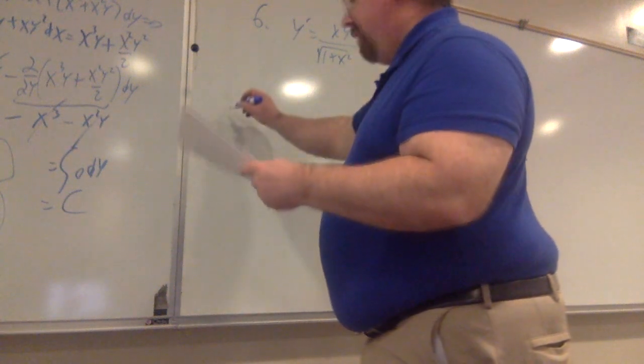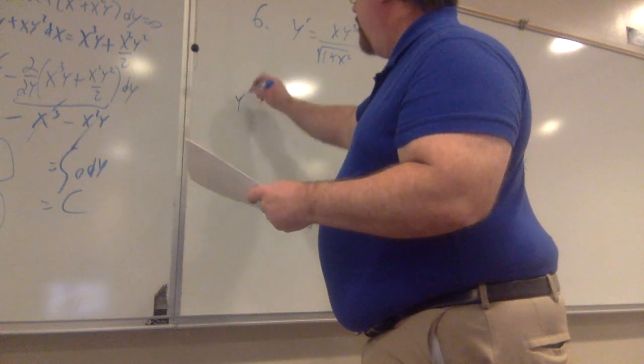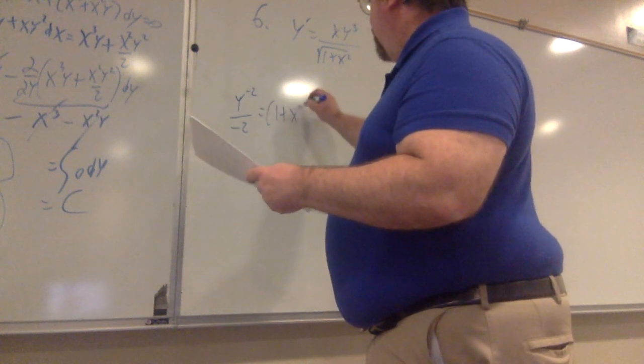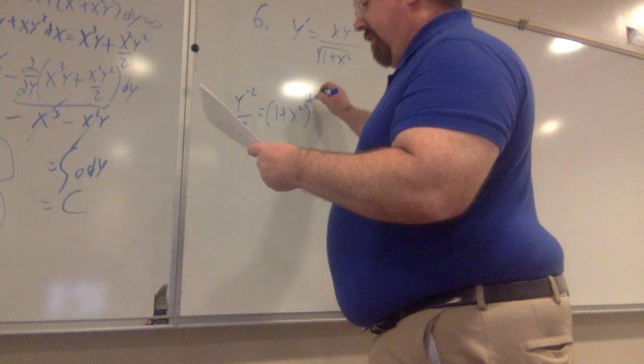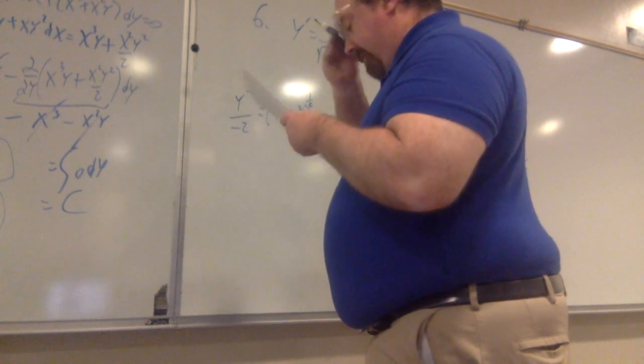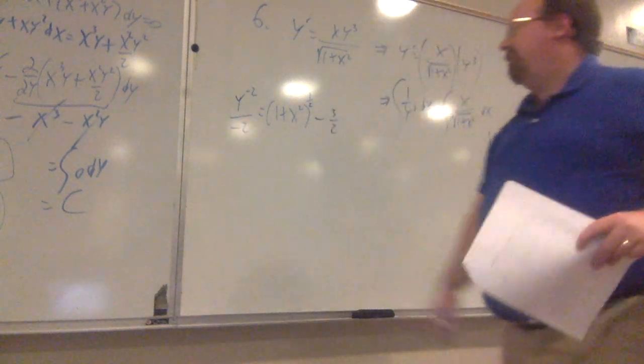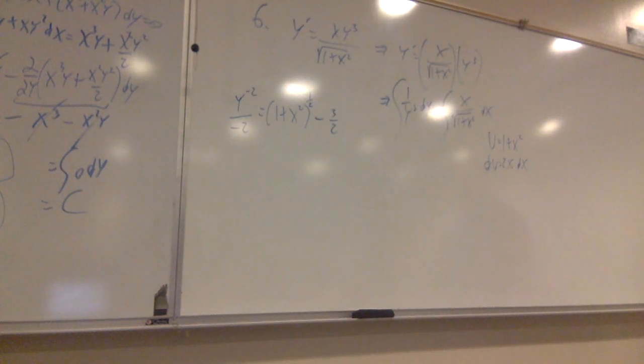Final answer in implicit form is y to the minus 2 over minus 2 is 1 plus x squared to the 1 half, plus c, and then c turns out to be minus 3 halves.